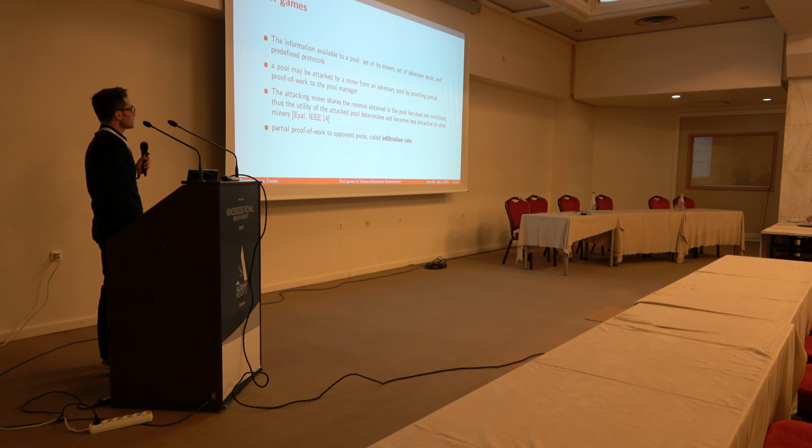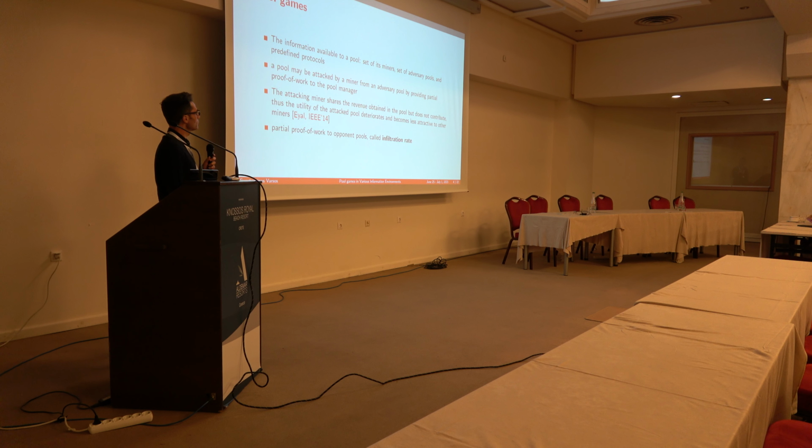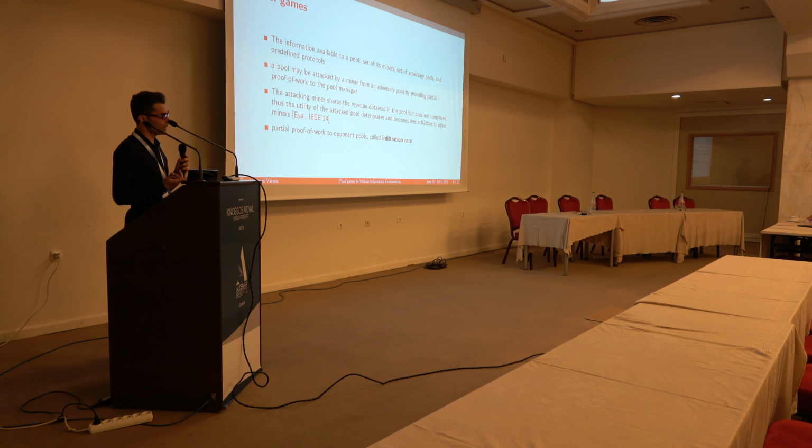Now, in the pool games, the information available to each pool is the set of its miners, the set of adversary pools, and some predefined protocols that articulate the rewards and the procedure by which the pool managers can estimate the power that they have in order to mine in the blockchain habitat.